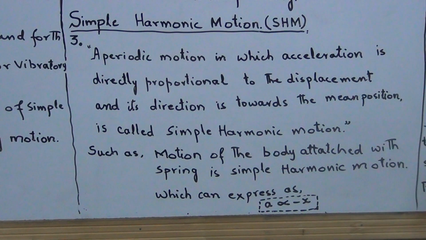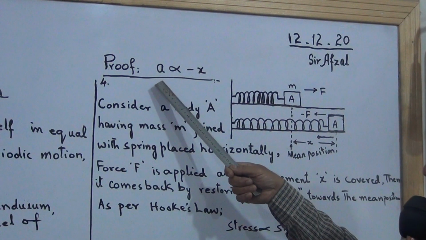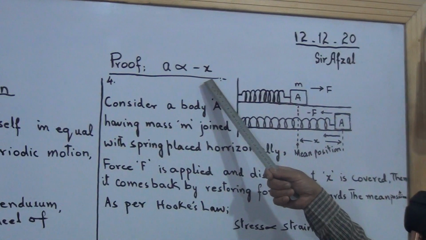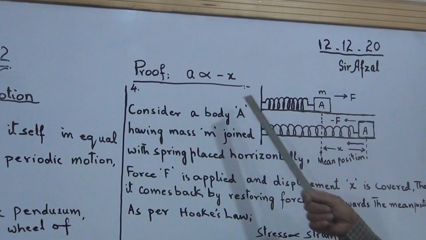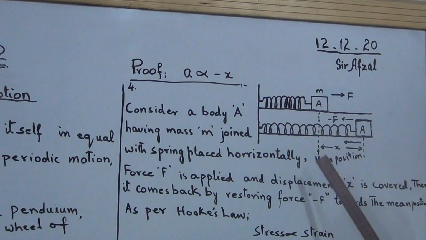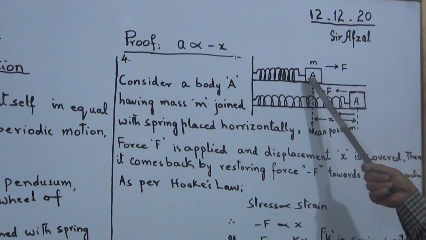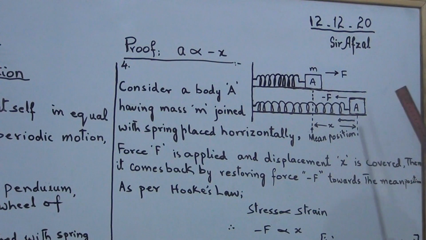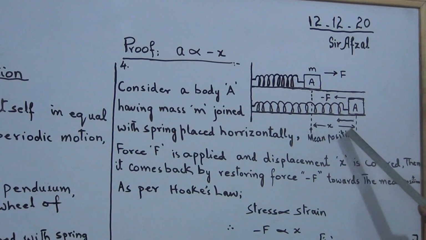We can prove it. Proof: a is directly proportional to minus x. a is acceleration, x is displacement, and the negative sign shows the direction of the acceleration towards the mean position. This one is the mean position. Now you apply the force on the body. It will cover the displacement of x.